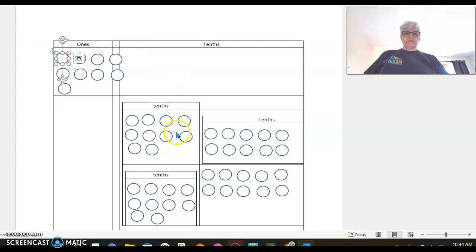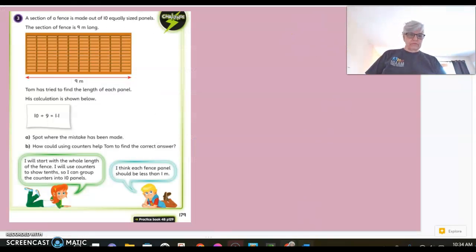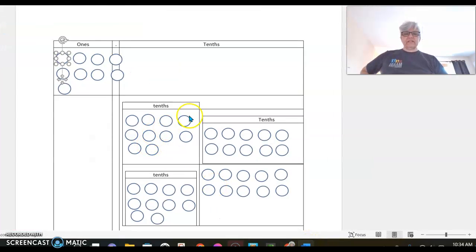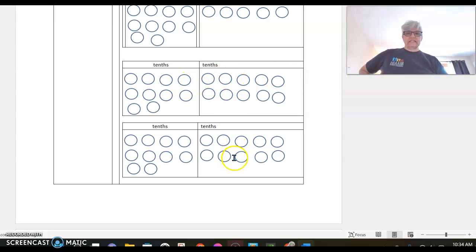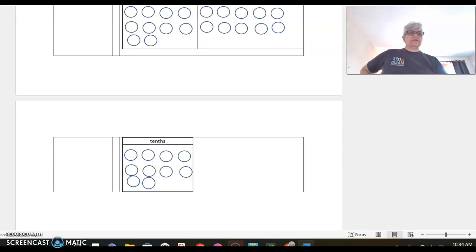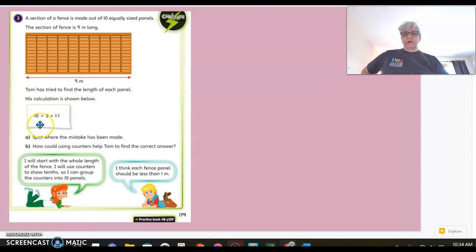All right, and so then you want to divide. If we were to count each of these, I would count them 10, 20, 30, 40, and I'm going to scroll down, 50, 60, 70, 80, and 90. So then I go back to my original problem and I see he divided 10 by 9.